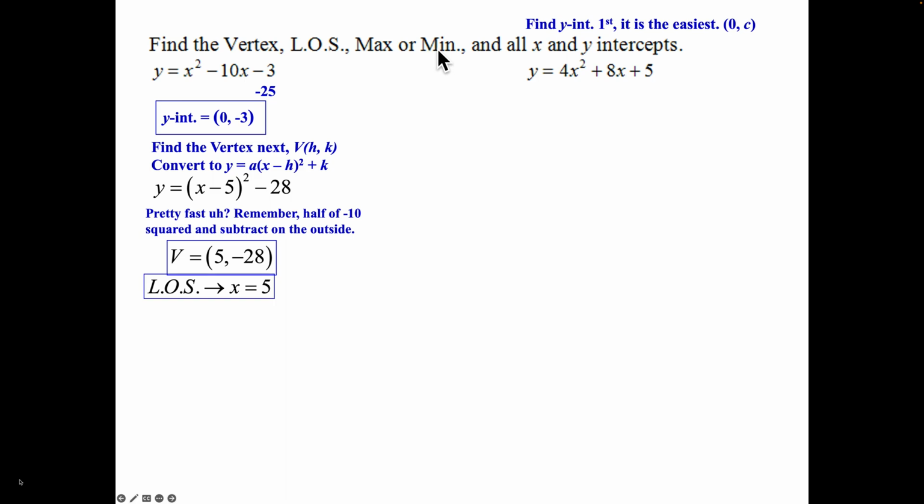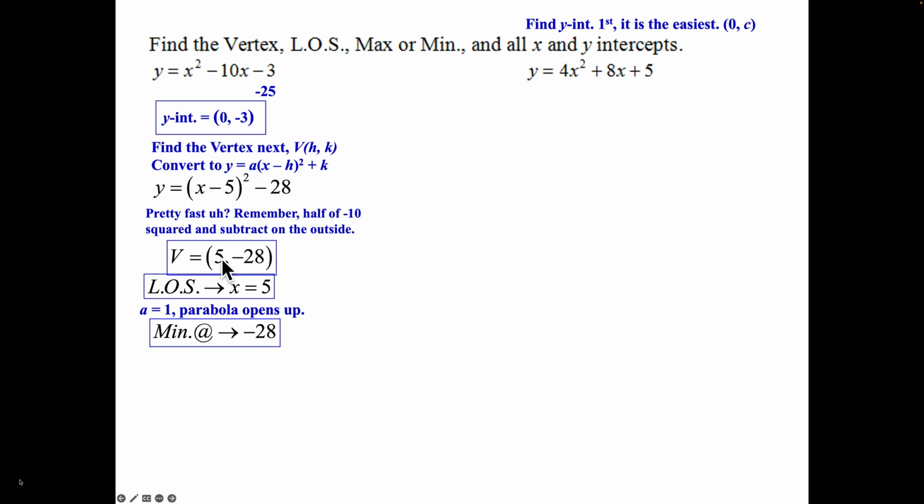All right, now your max or min, well, that's going to be decided based on which way this parabola opens. Because your a is a 1 and it's positive, it opens up, which means my vertex is at the bottom, and therefore your y-coordinate, the negative 28, is your minimum value for this graph.